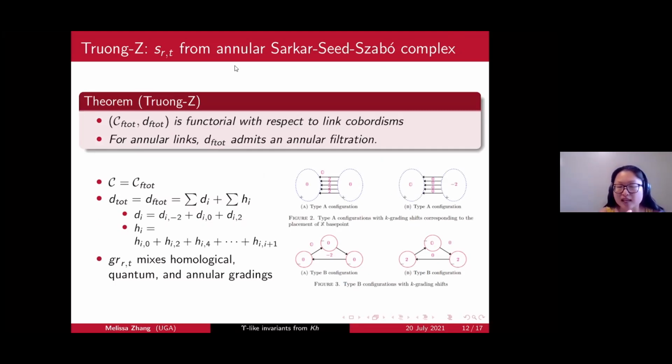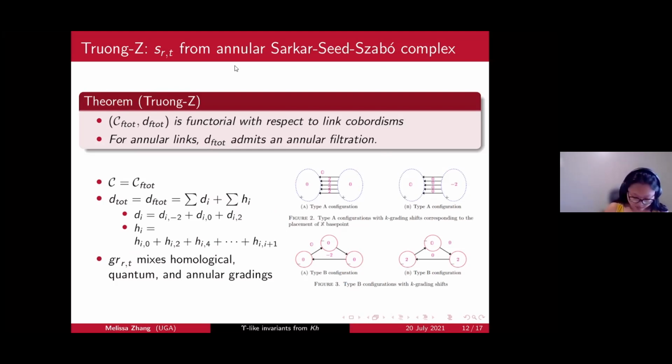So that means that you can get annular link invariants from their complex just by adding the same filtration grading that Grigsby-Licata-Wehrli imposed. And this just amounts to doing a lot of casework. You have to check where in all of these configurations the center of your annulus is. And after checking this, you realize that you have a lot of differentials, but their bigradings are somewhat controlled.